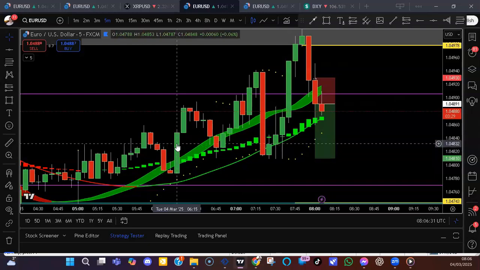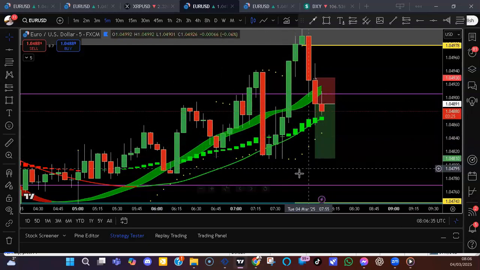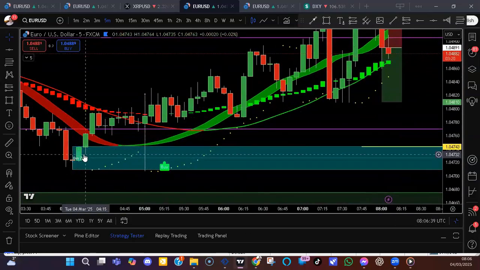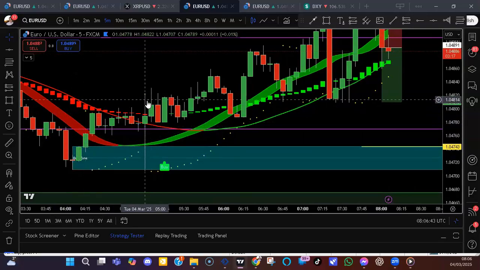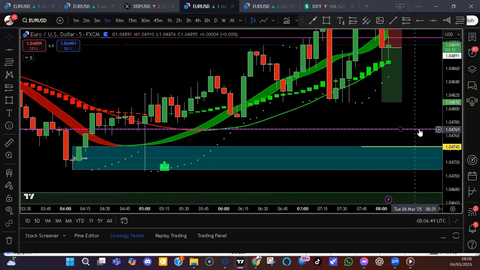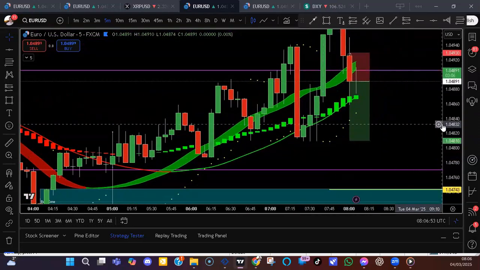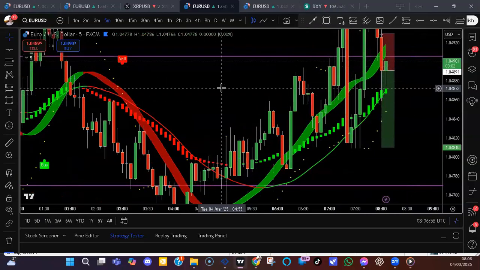See that imbalance candle there had been filled by that. And all those imbalances have been filled by that big spike down there. Look, so that's all been filled. So from a balance point of view, we are in balance.